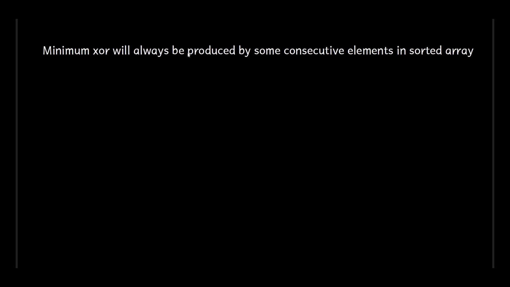So we are trying to prove this particular statement. And how do we do that? Suppose we have an element A and an element C, and these are the elements that produce the final XOR. So A XOR C is minimal.